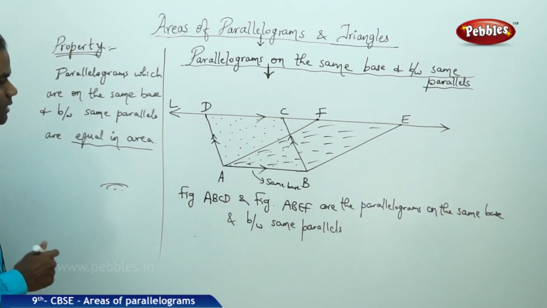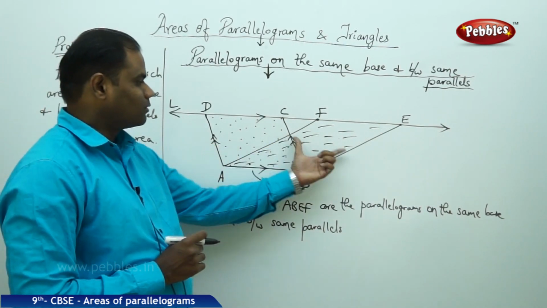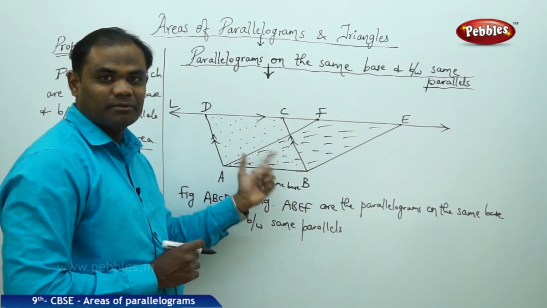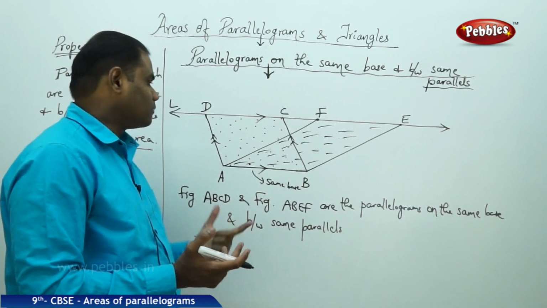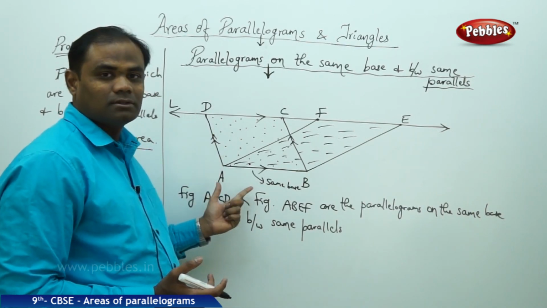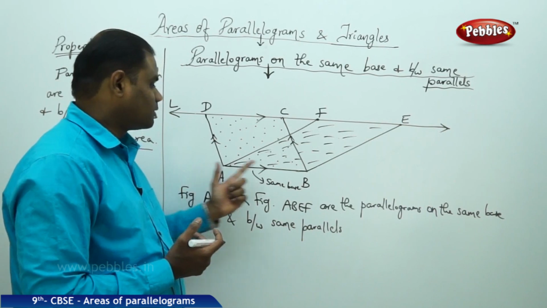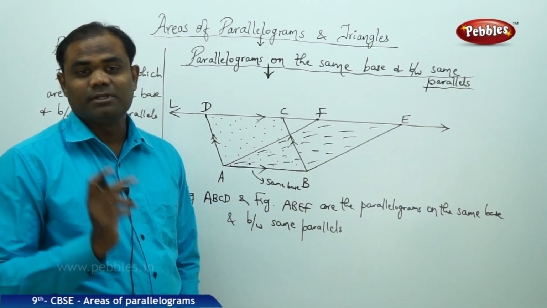The property says that if the two parallelograms lie on the same base and between same parallels, any two parallelograms lying between two parallel lines and lying with the same base must be equal in area.